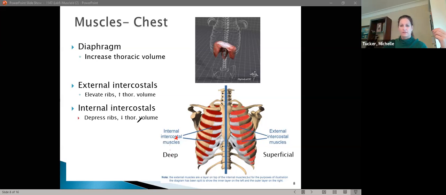The internal intercostals, and I'll show you on the pictures, are between the rib bones. So I'll show you that in detail when we get to those pictures. But the internal intercostals, when they contract, will forcibly decrease that thoracic volume, and that causes a forced exhalation. So if you're trying to blow extra air out.